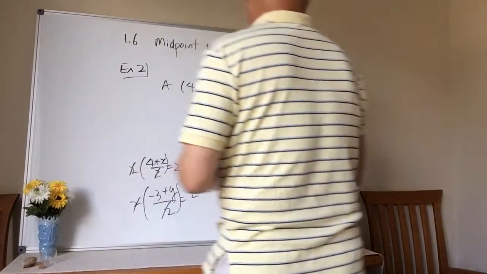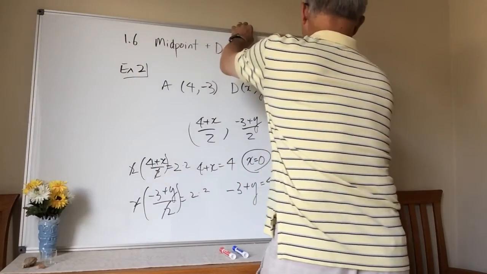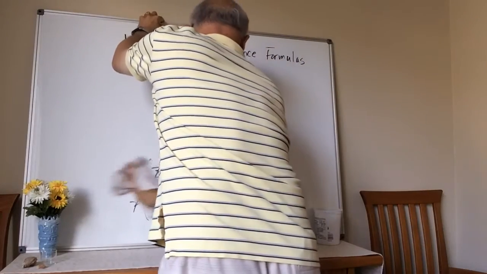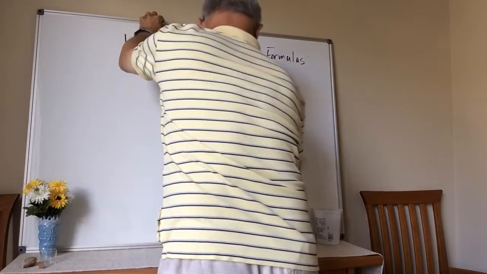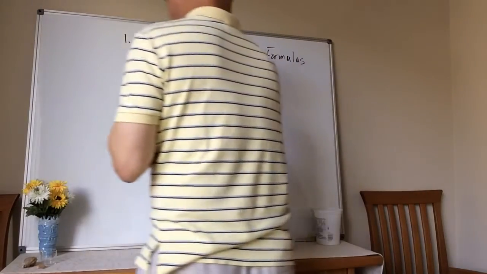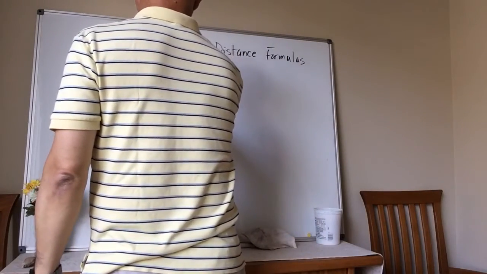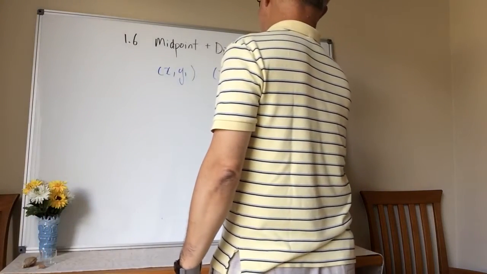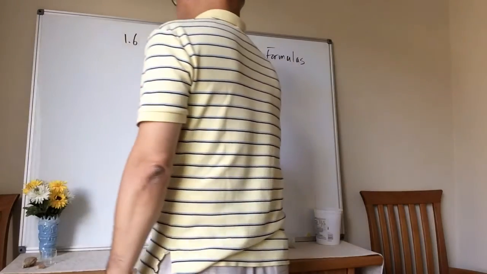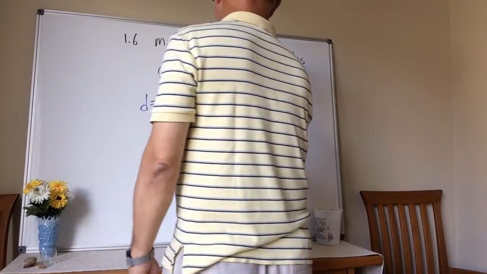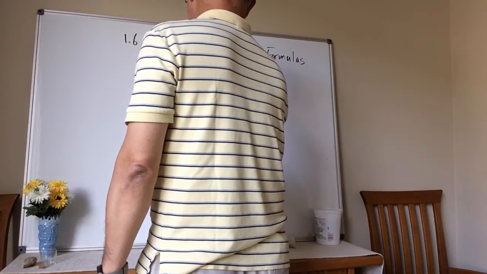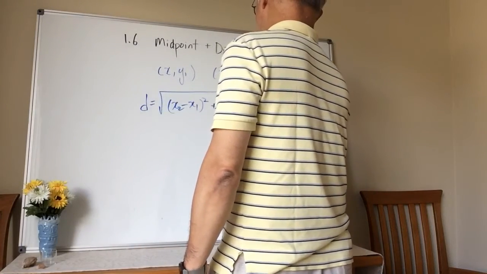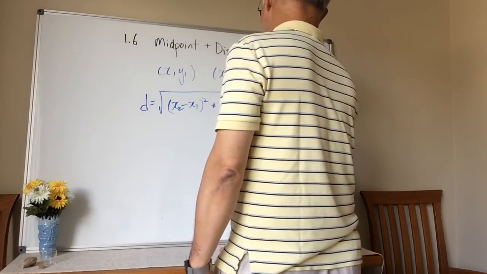Now the distance formula is a little more complicated. The distance formula states that the distance between this point and this point is going to be equal to the square root of (x2 minus x1) squared plus (y2 minus y1) squared.